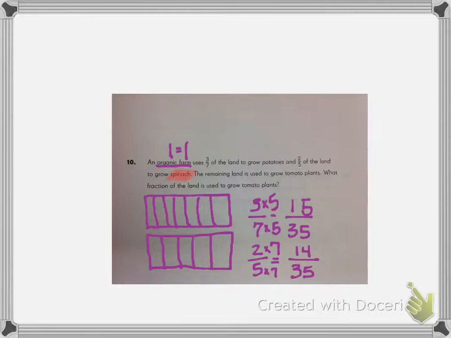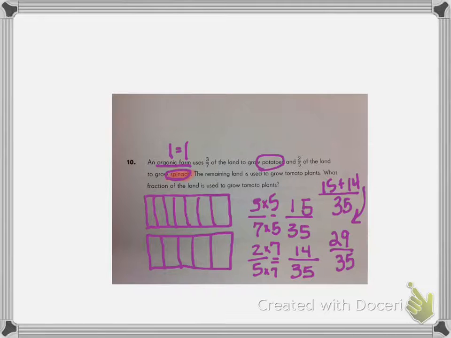So if I take 15 plus 14 all over a denominator of 35, I'm going to get 29 35ths. But that is for the potatoes and for the spinach.